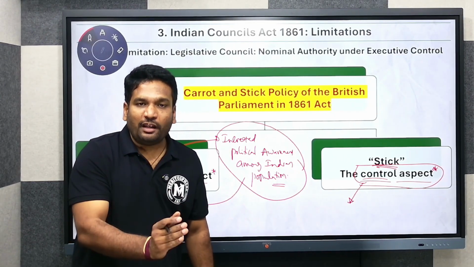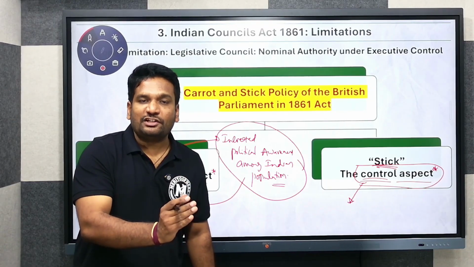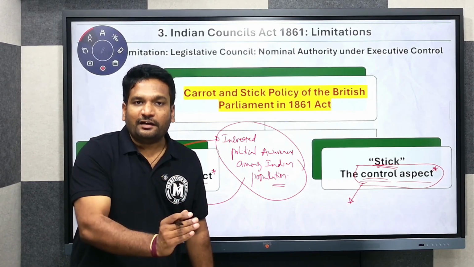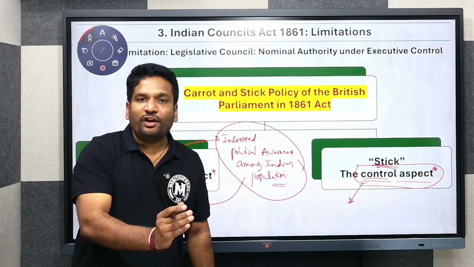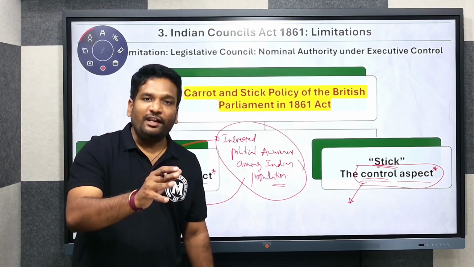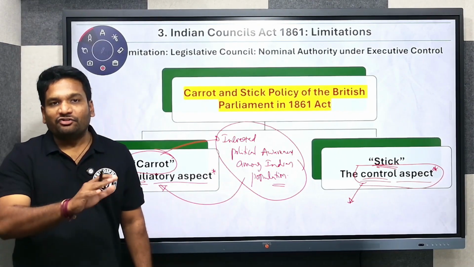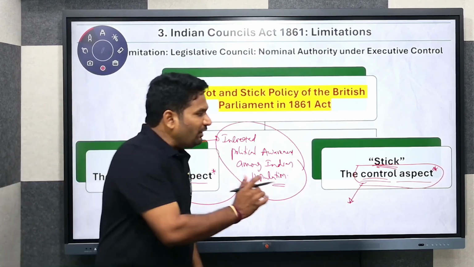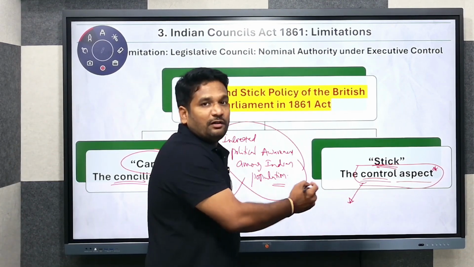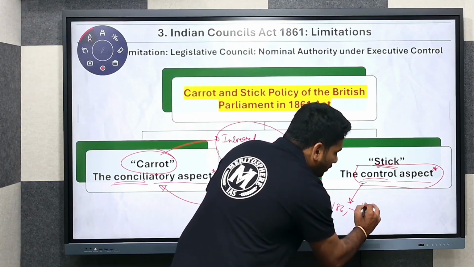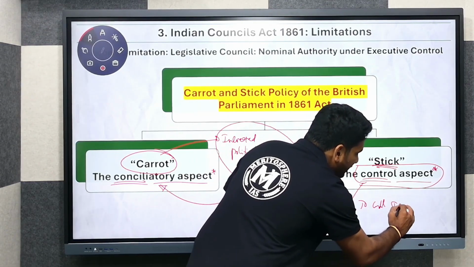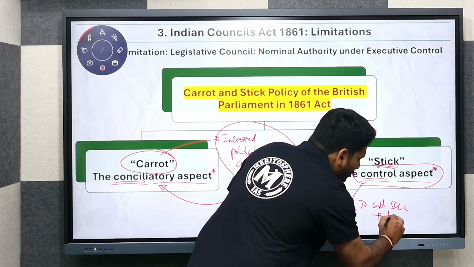If we did not control it, that may turn against British interest, and in no time British rule in India may collapse. It was very clear to the British authorities. So they included control measures in the 1861 Act to control the functioning of the Indian Legislative Council.